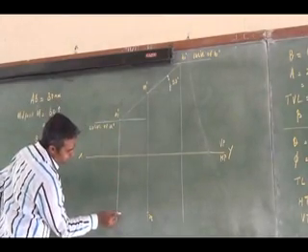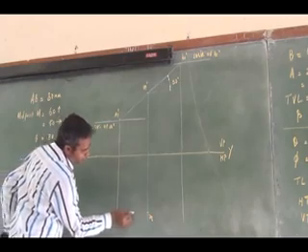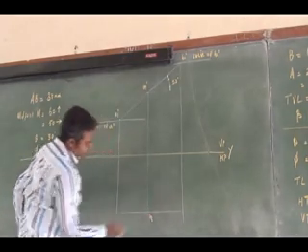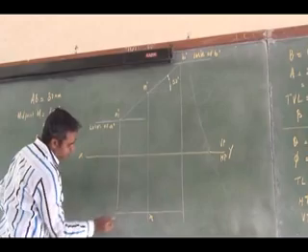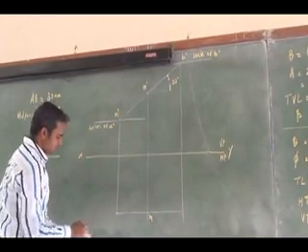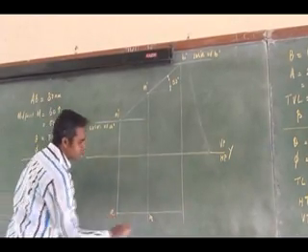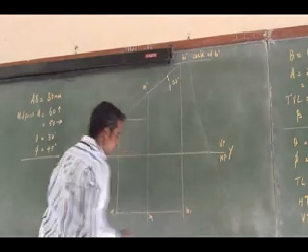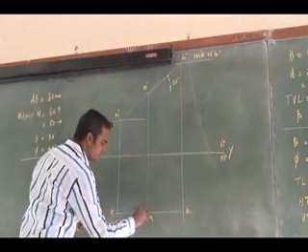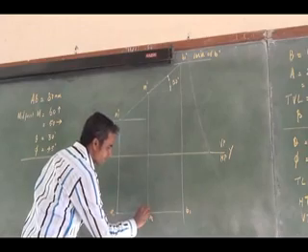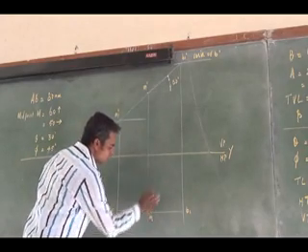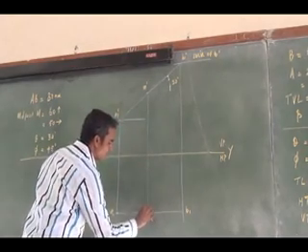See here, this is going to be my top view length. Final top view length is, this is my A1, this is my B1. The whole thing is going to be my top view length.